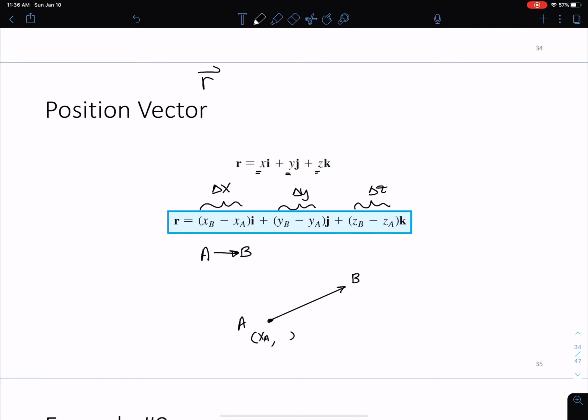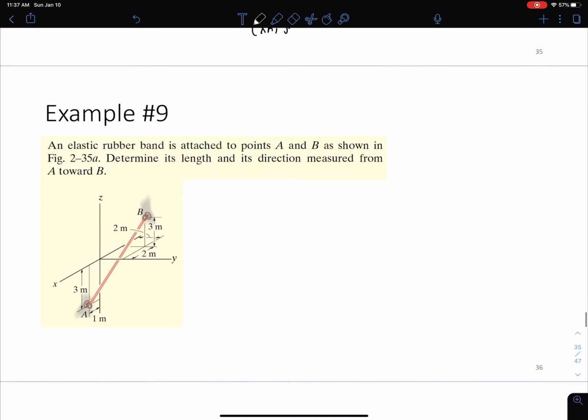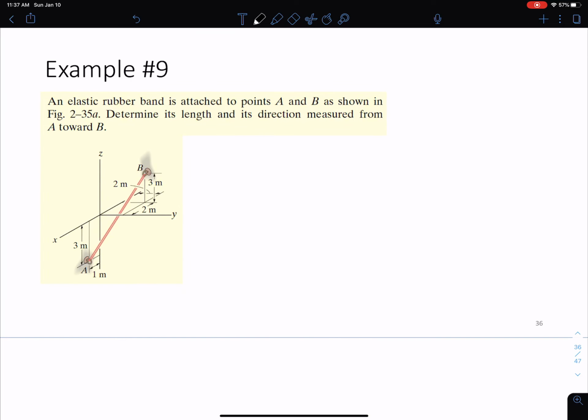So XA, YA, ZA, because we'll do this in 3D, XB, YB, ZB. Okay, this would be if this is in 3D. Easiest way to show you guys how to do this is actually through an example.